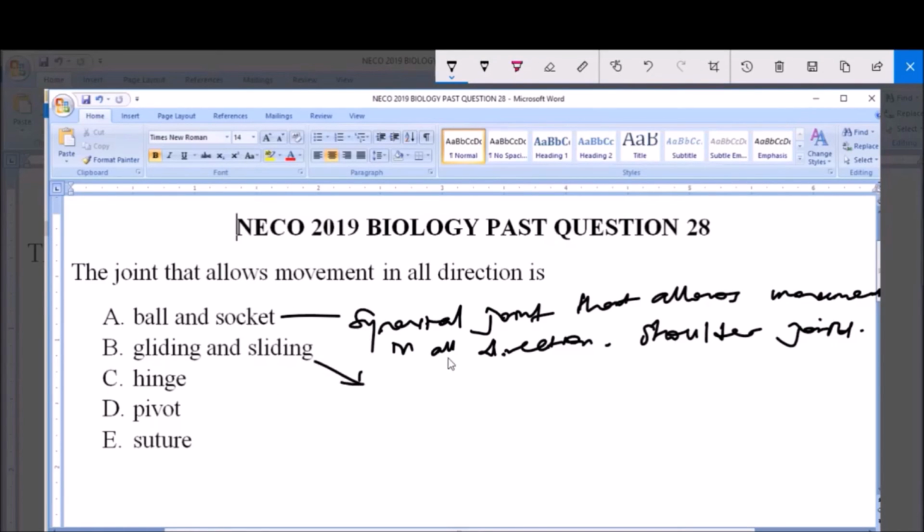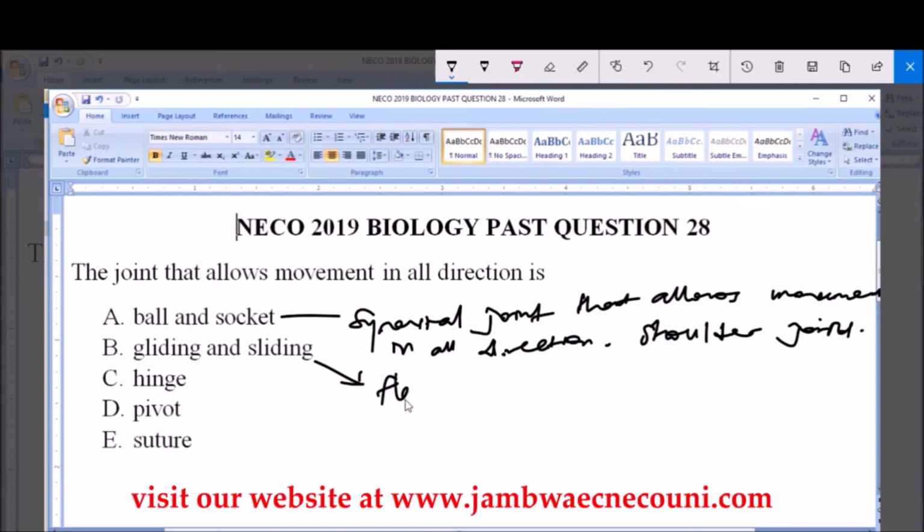Now option B says gliding and sliding joints. Gliding and sliding joints occur between the surfaces of two flat bones that are held together by ligaments.